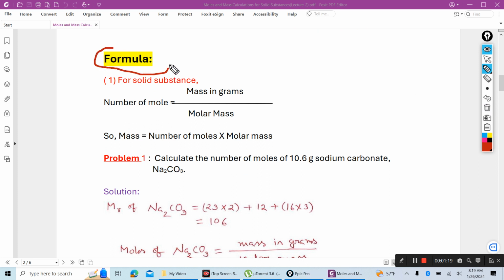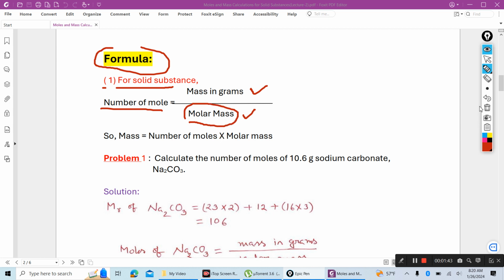This is formula 1. For solid substance, the number of moles equals mass in gram divided by molar mass or molecular mass.